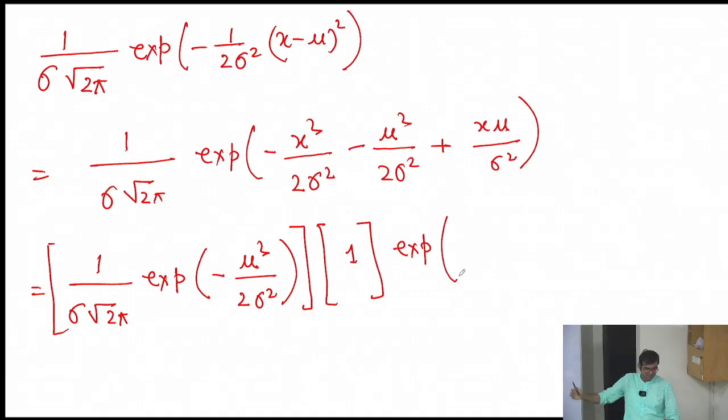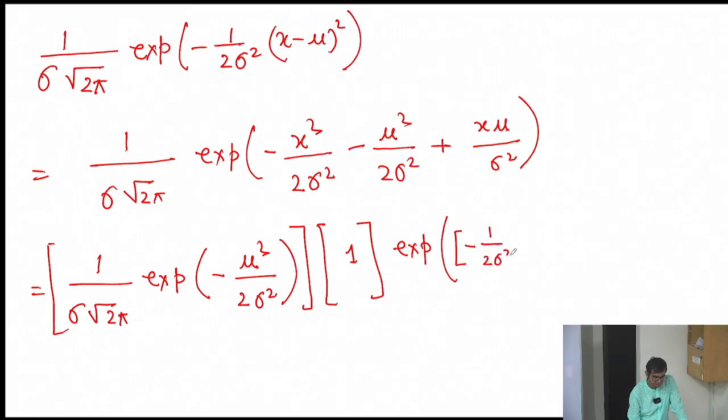So what is T theta in this case? The first one is minus 1 by 2 sigma square, and the second one is mu by sigma square.